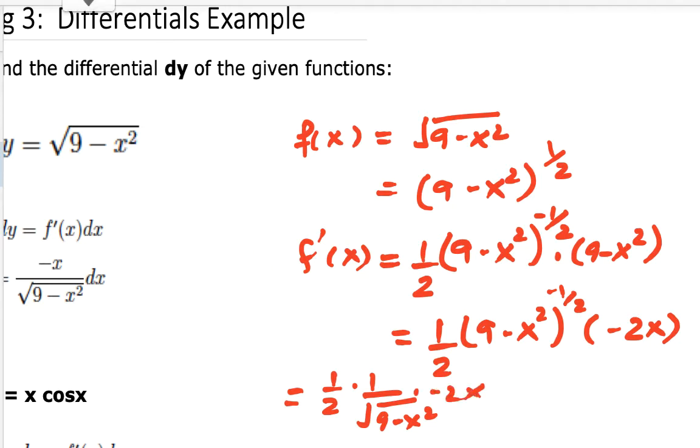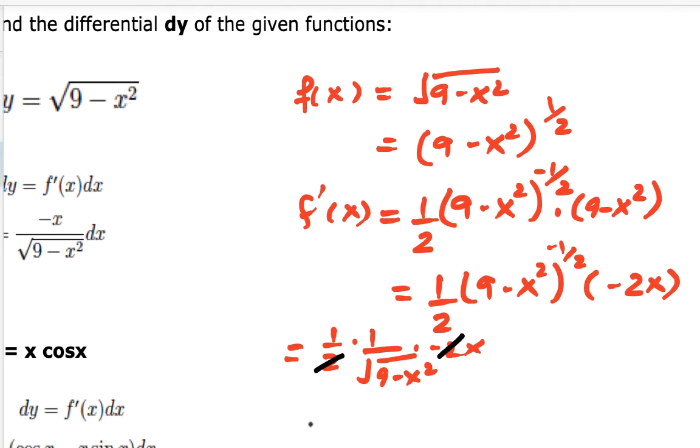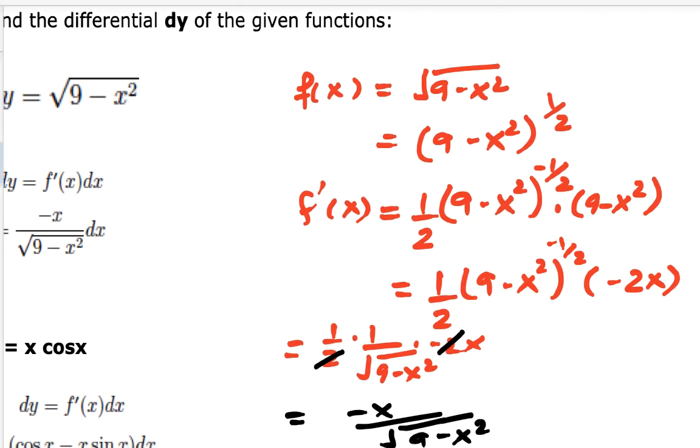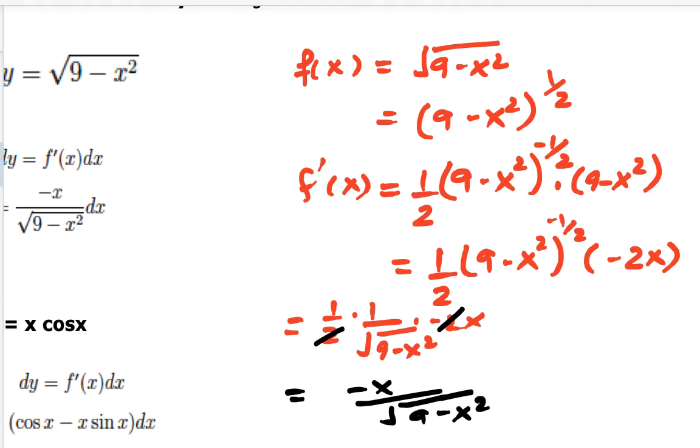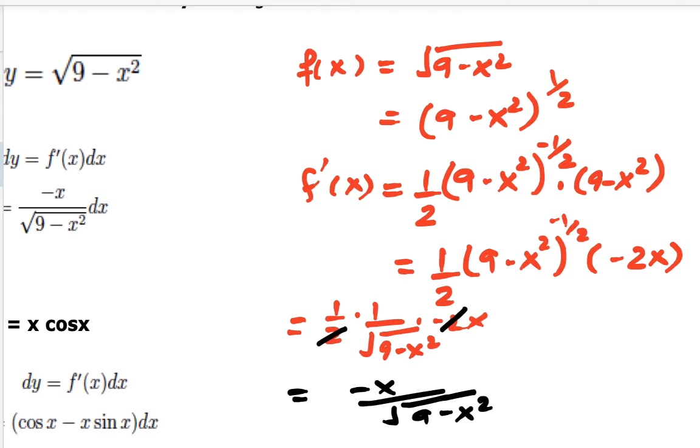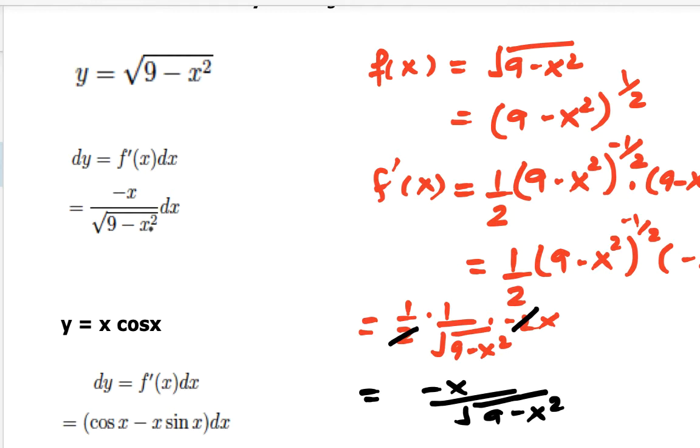Now notice this 2 and this 2 get cancelled, and we will get minus x over the square root of 9 minus x squared. Okay, this is, guys, just what we have written over here.